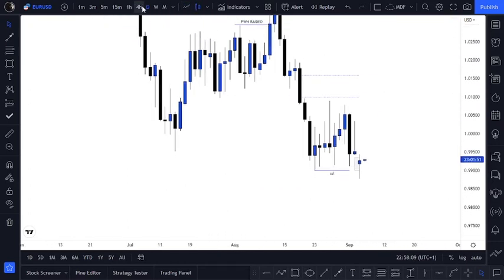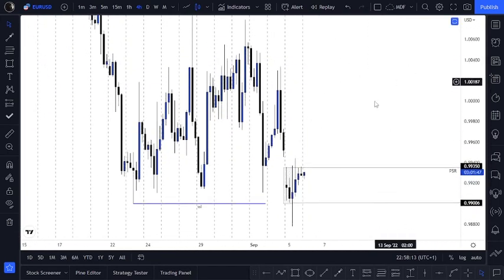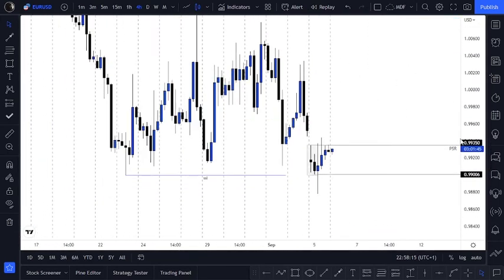So let's look at the 4 hours time frame here. Coming into tomorrow, I want to see EUR/USD breaking above this level here. Then on a retest here, I will be longing EUR/USD.